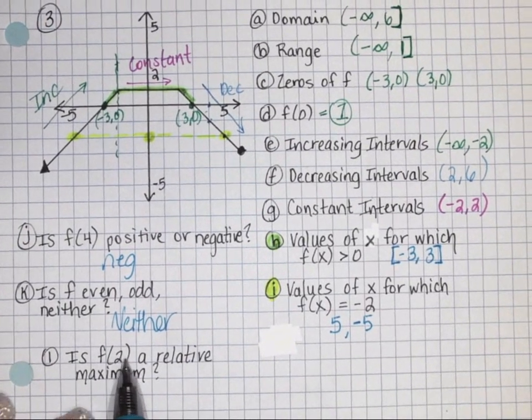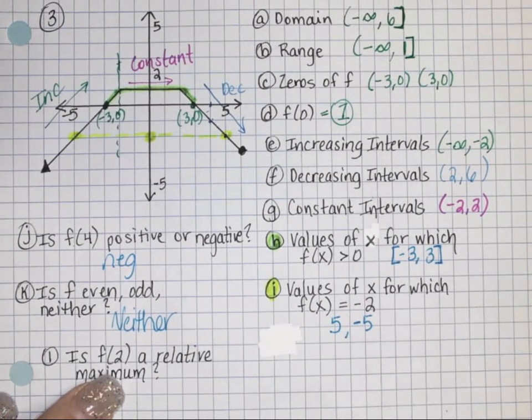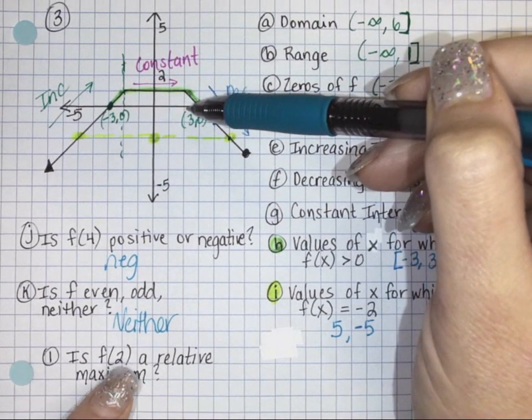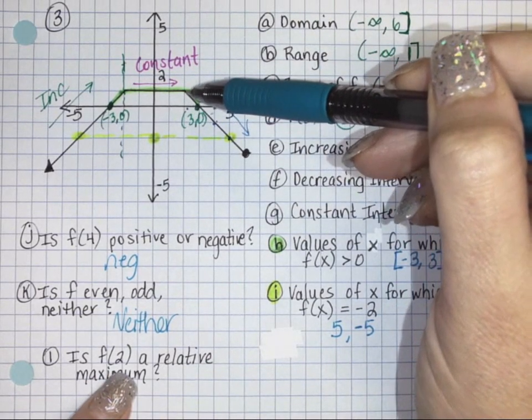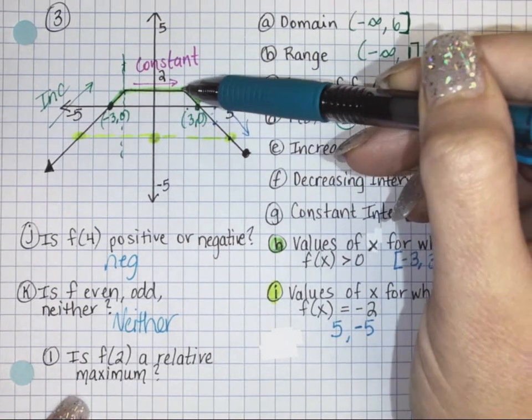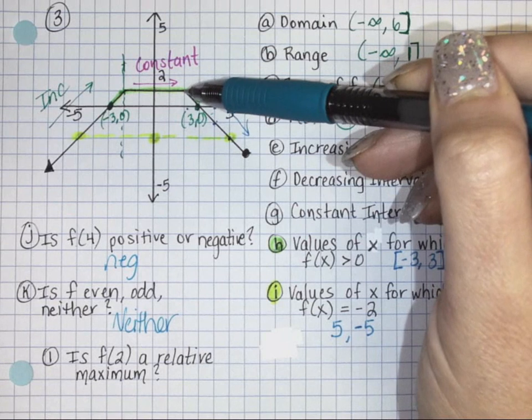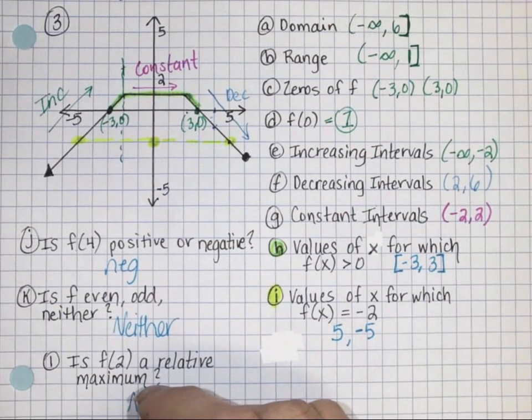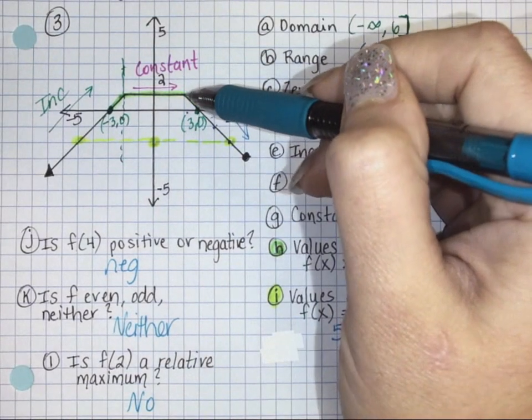So let's find where f of 2 is at. Go to your x-axis at 2, since they give you 2. Go to your graph. And this point, be careful here. This is actually not a relative maximum.